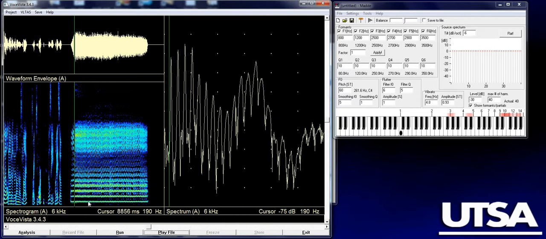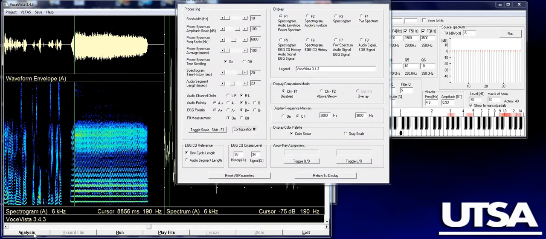So at any rate, we'd had this set so that the power spectrum is updated every 100 milliseconds. That's one of the default settings in Voce Vista, and I'm going to go in here and change that, so power spectrum average, and I'm going to move this way out to like 3,000 milliseconds.